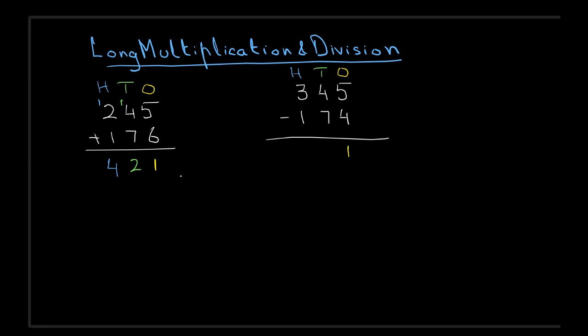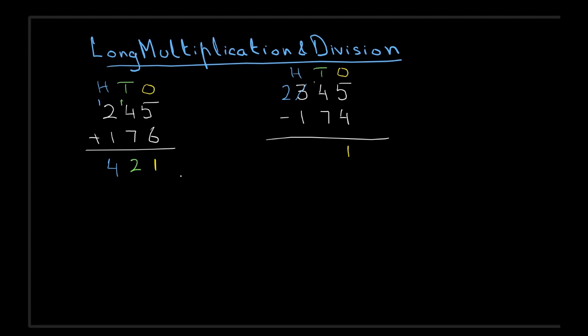But in the next place, we have 4 tens and we want to take away 7 tens. It can't be done. So out of the 300s, we take 100 and we are left with 200s. Now 100 gets converted into 10 tens. We already have 4 tens, so that makes 14 tens.